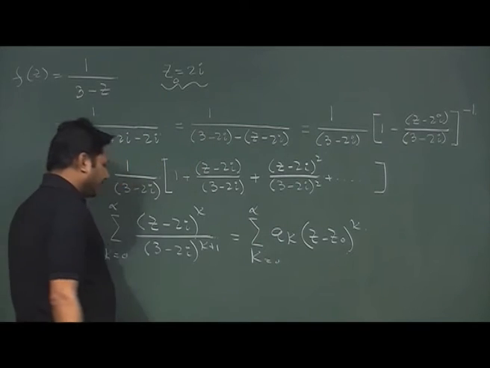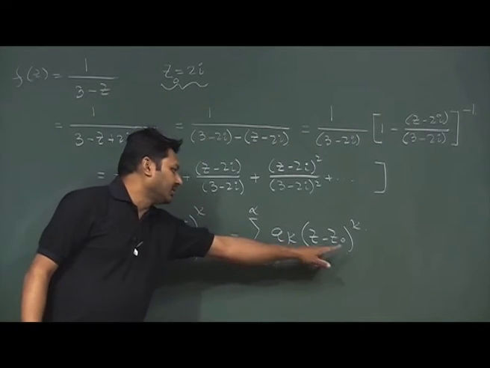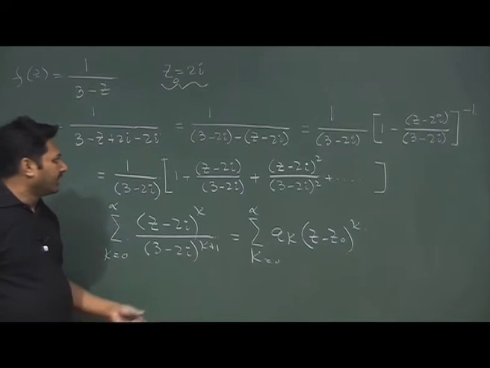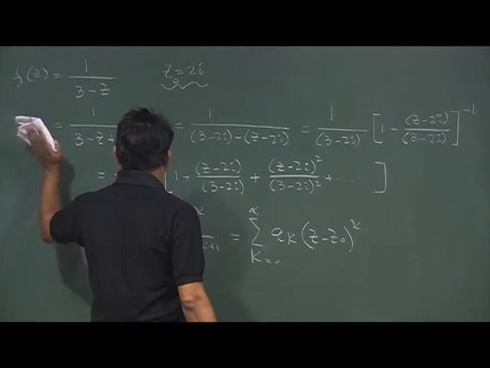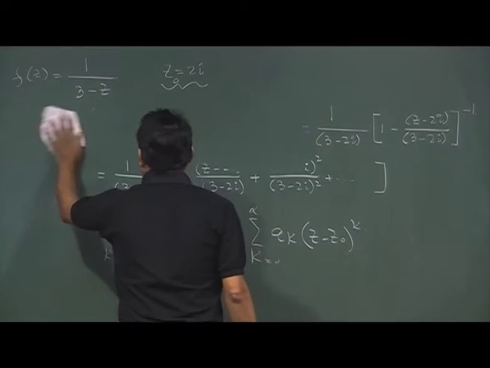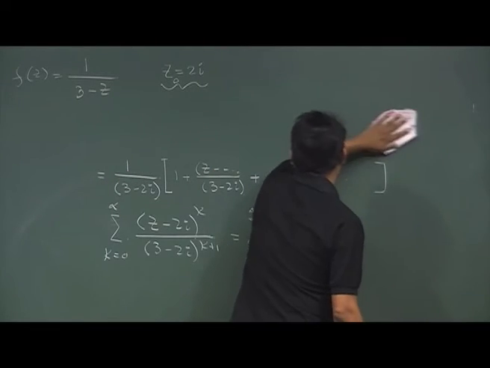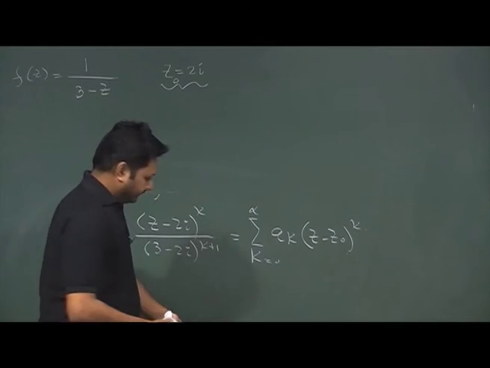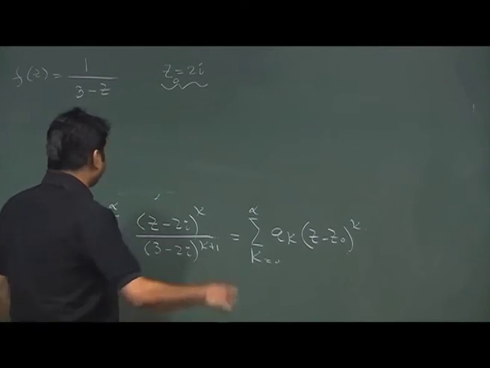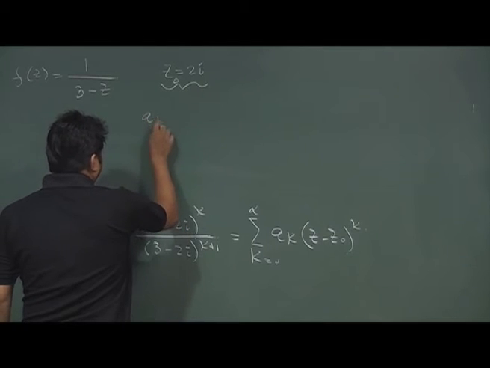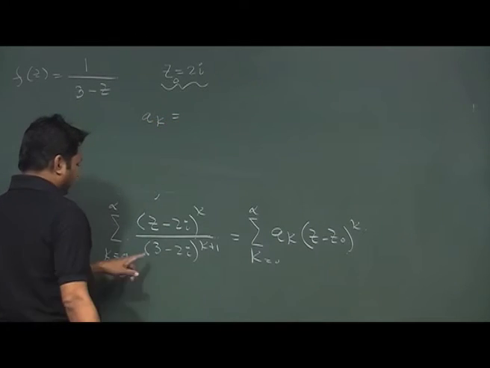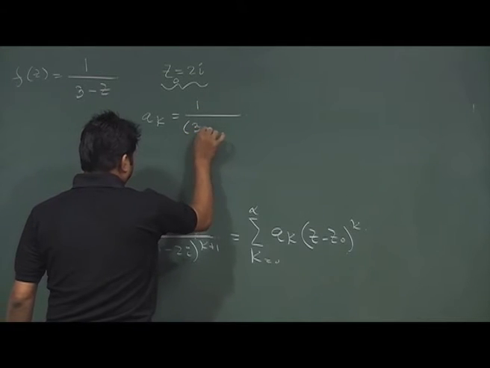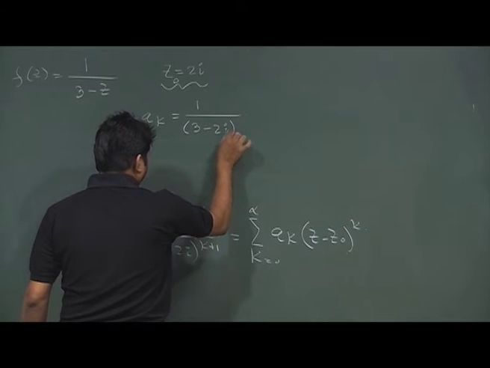Now, if I compare, then we can readily find z0 is nothing but 2i and ak is this quantity. Again, I can have the value of L. So ak, if I compare with that, comes out to be 3 minus 2i whole to the power of k.